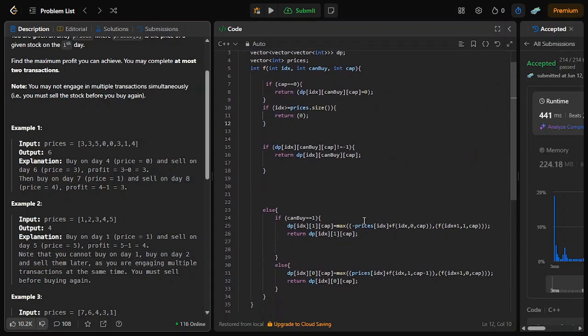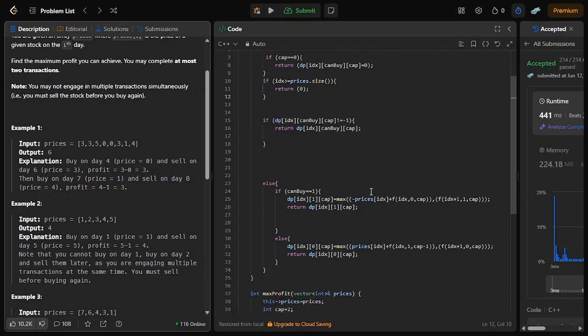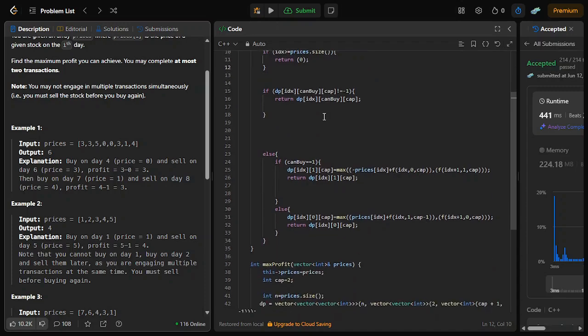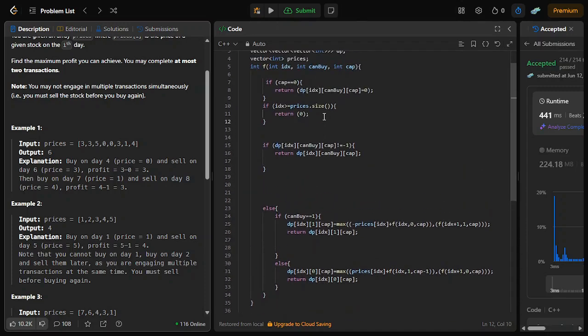Okay, so now let us think of the recursive cases, which are pretty easy. Let's say there are 4 cases. First off, let's write the base cases. Okay, let's do the base cases later.